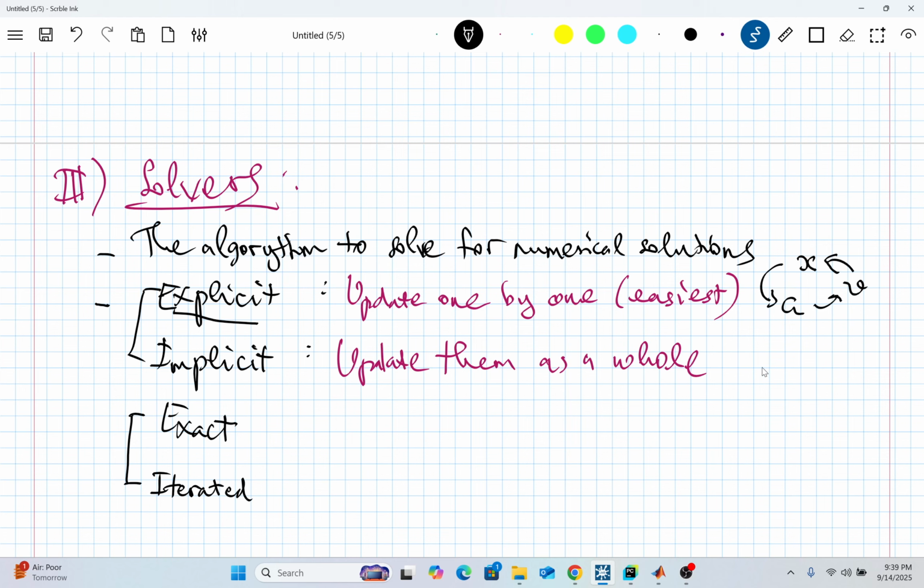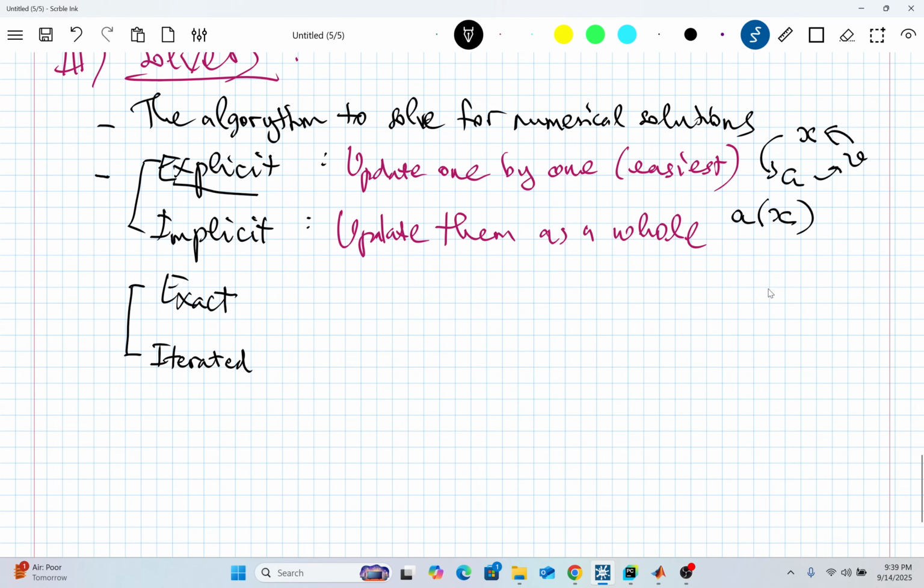What's the implicit? A is a function of x, right? I assume that a is a function of x, and maybe x is a function of v, like this. Then there will be a number of functions that you have to satisfy at once.